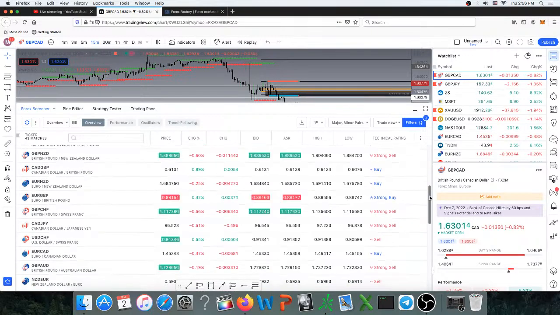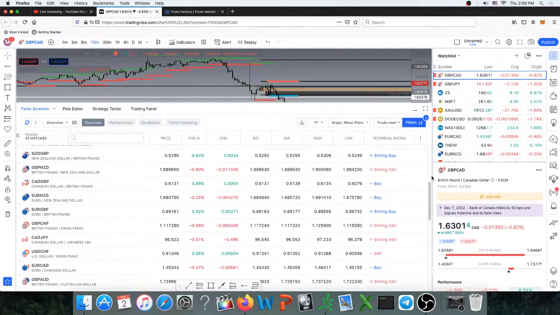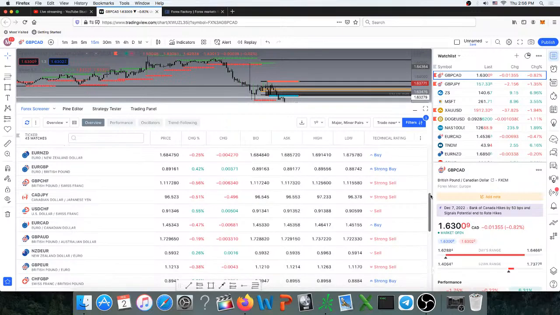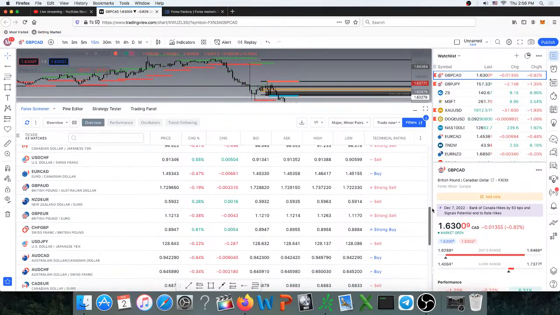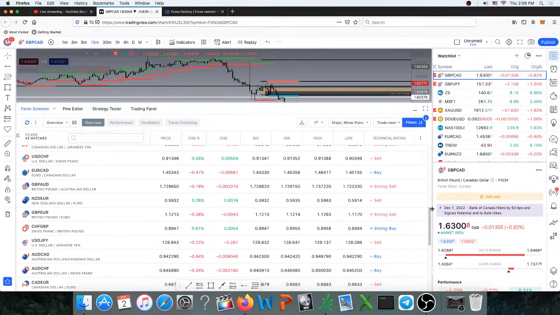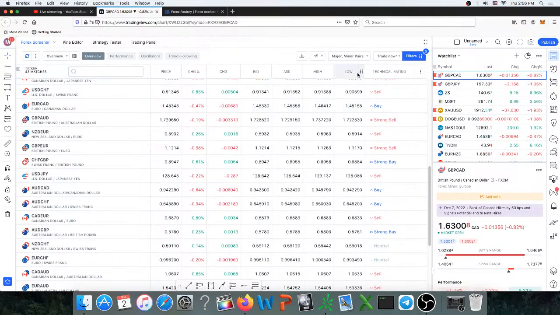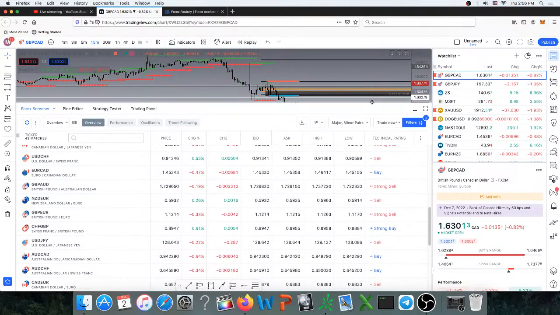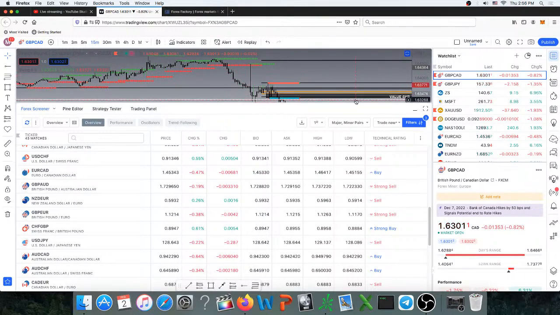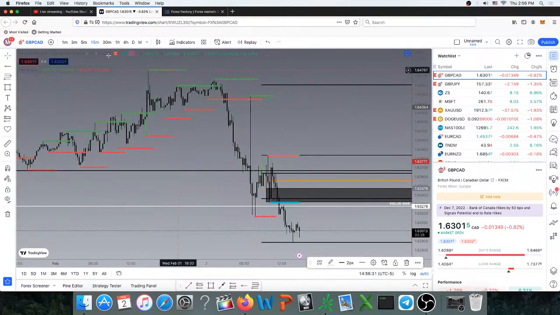Also USD. I'm sorry, not Canadian. USD and GBP pairs. That's what we're looking for. Let's check out USD JPY. See what they're talking about. USD JPY.